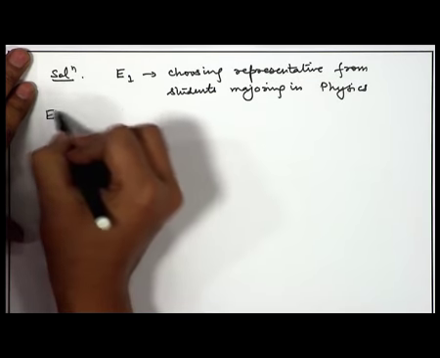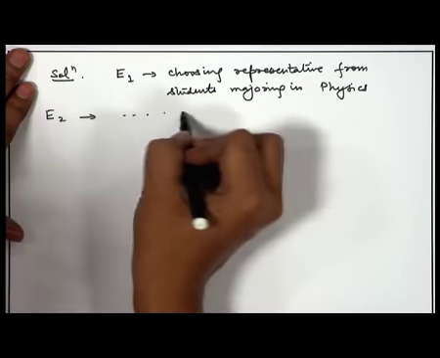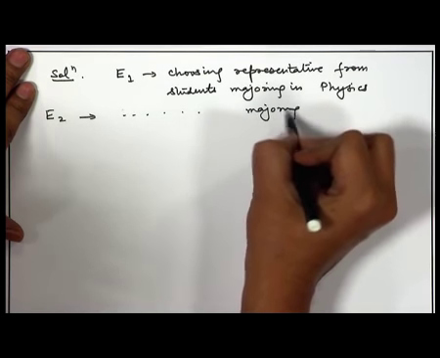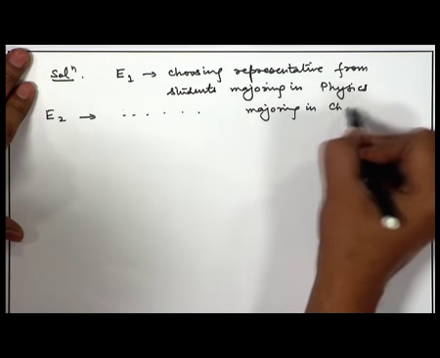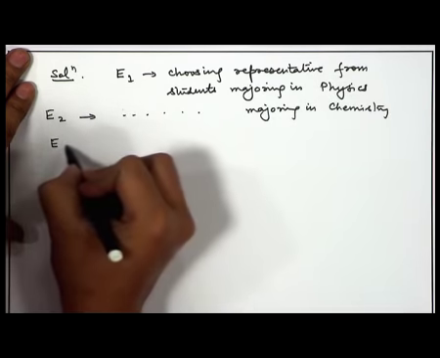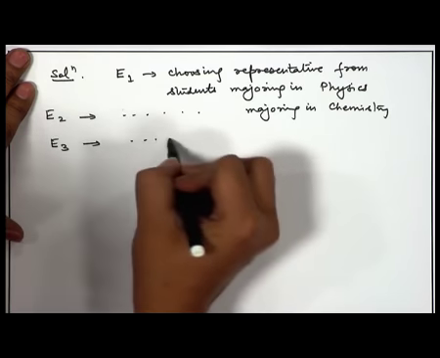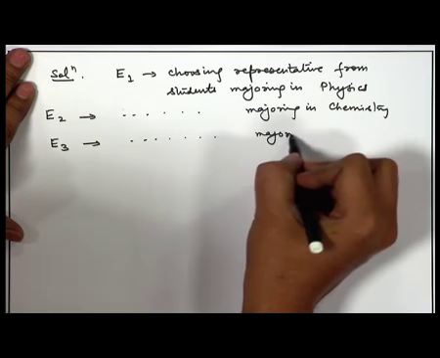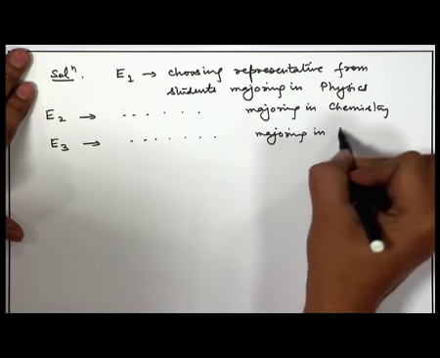Similarly, E2 is choosing a representative majoring in chemistry, and E3 is choosing a representative from students majoring in mathematics.